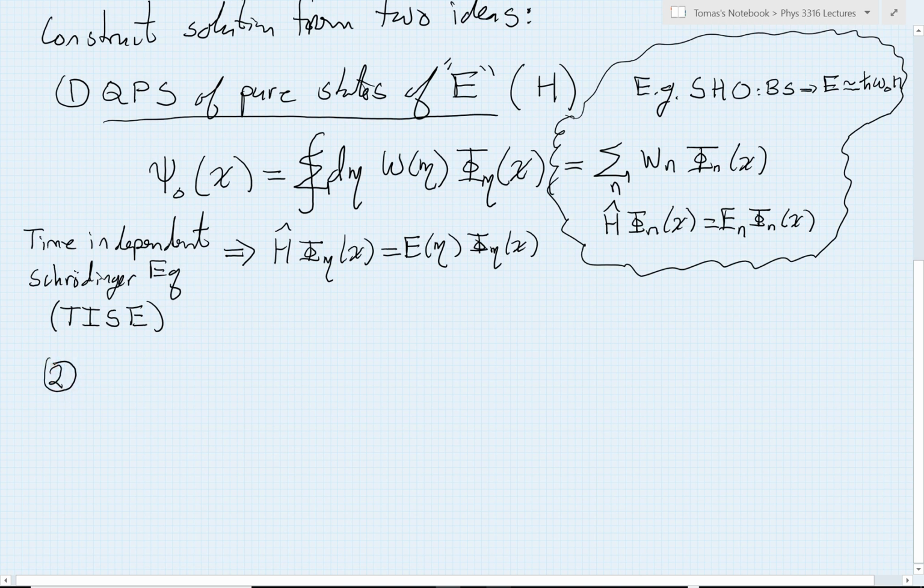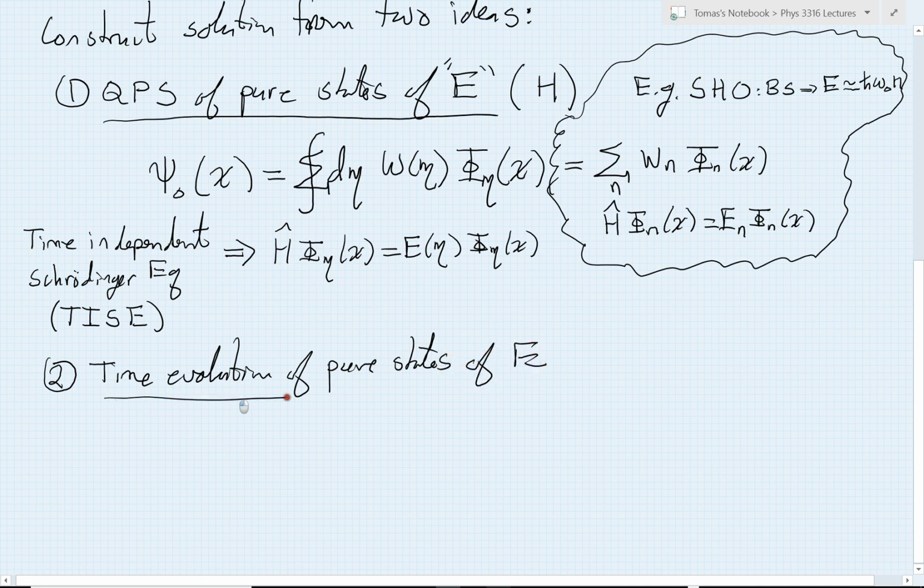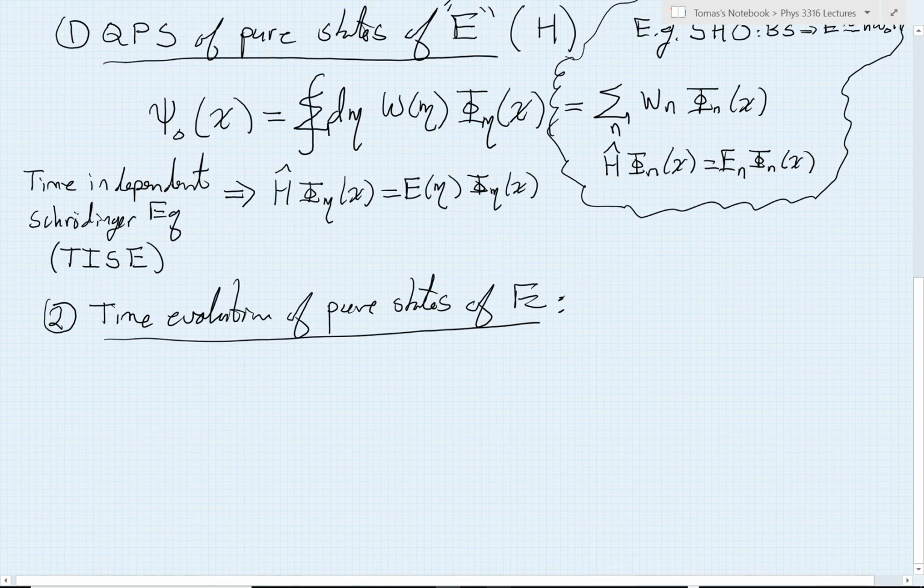And this comes from our de Broglie hypothesis, and that is that the time evolution of pure energy states, or pure states of E, right, is given very simply. If we have a pure state of energy, we know that the time evolution associated with that pure state of energy is a pure frequency.